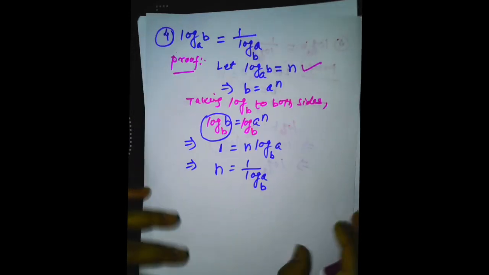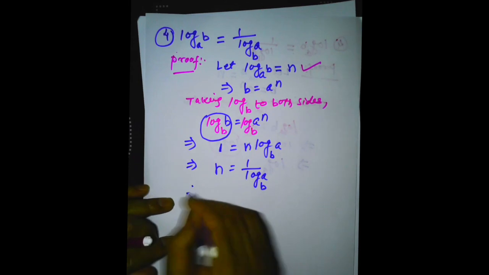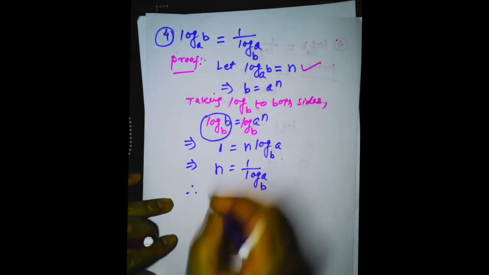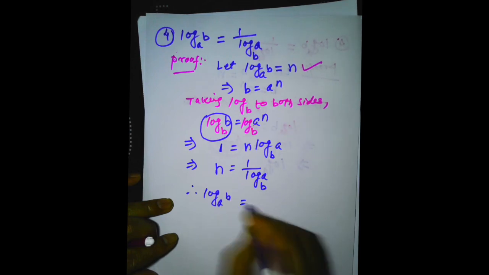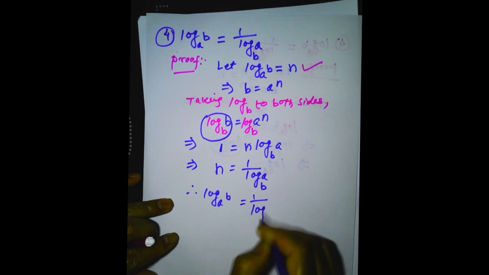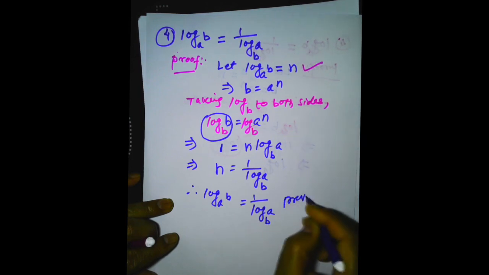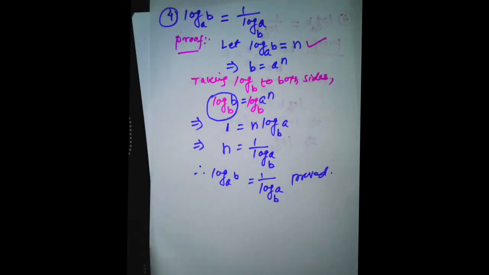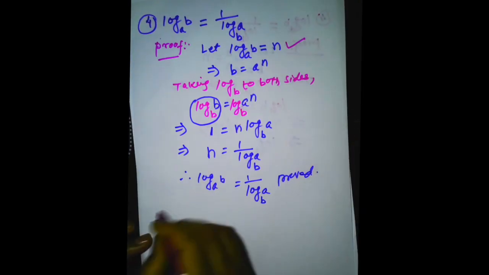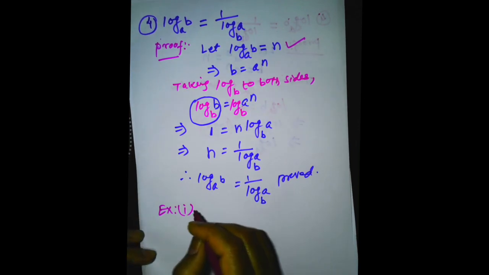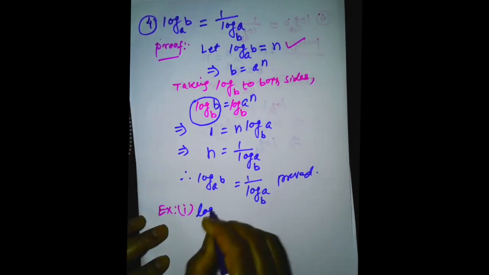So in place of n you can write, therefore, log base a for b is going to be 1 by log base b for number a, and this is proved. Now if you would like to see an example based on this law, the example is log 15 to the base 13.